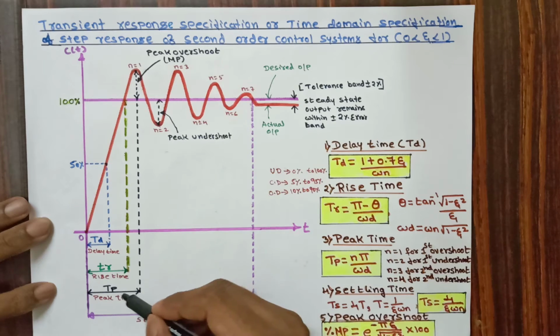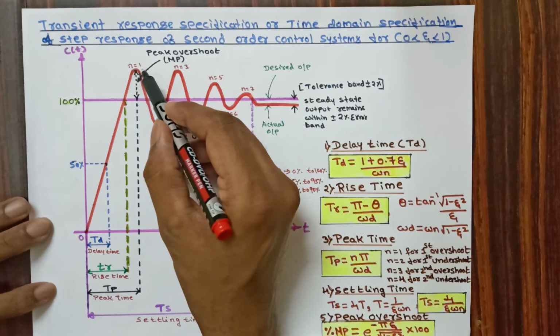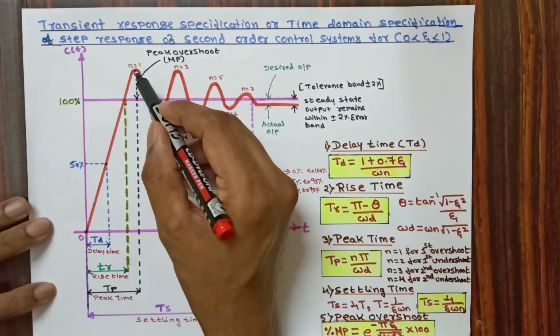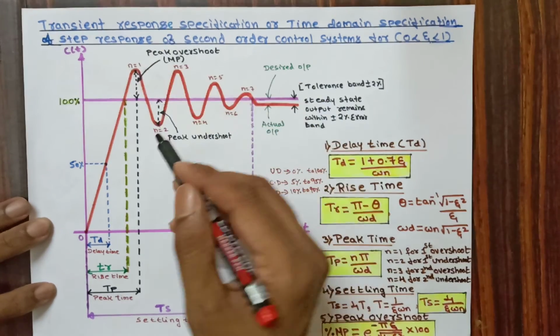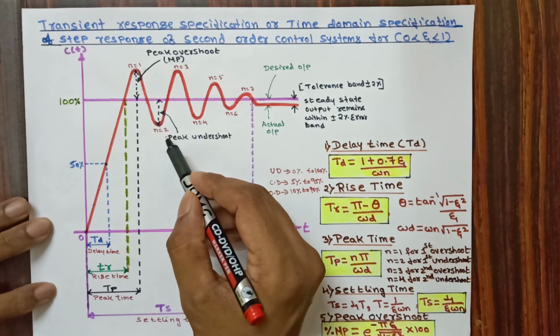That means here the peak time can be measured at first maxima, then we need to consider n is equal to 1, which is also known as the time measurement at first peak overshoot, or else if you want to measure the first peak undershoot, then we'll consider n is equal to 2.